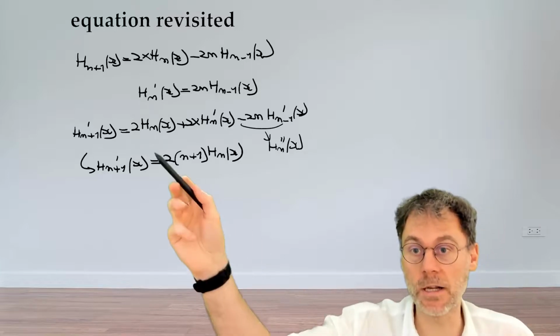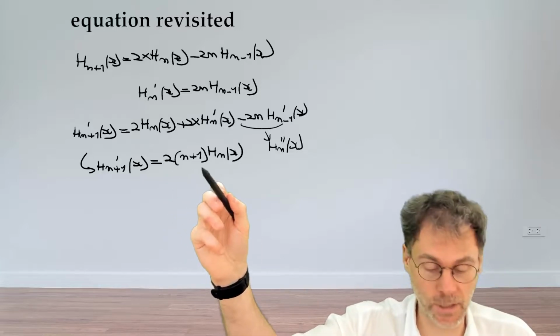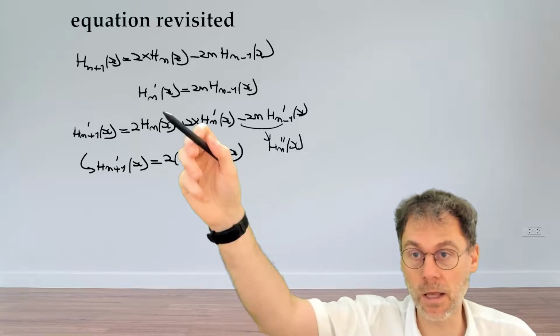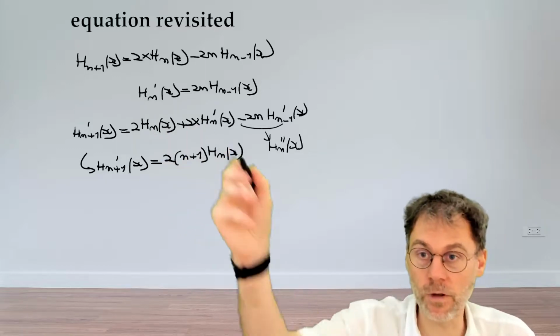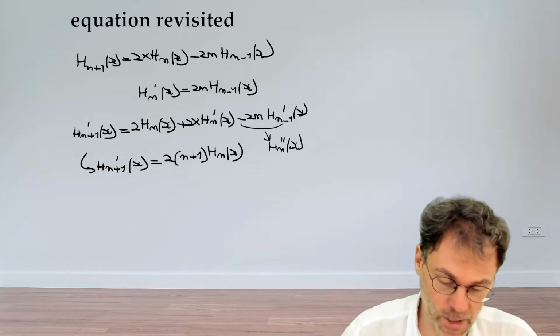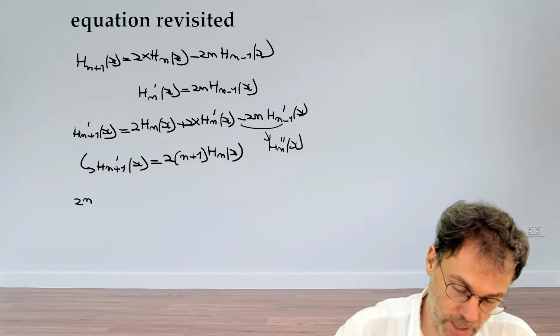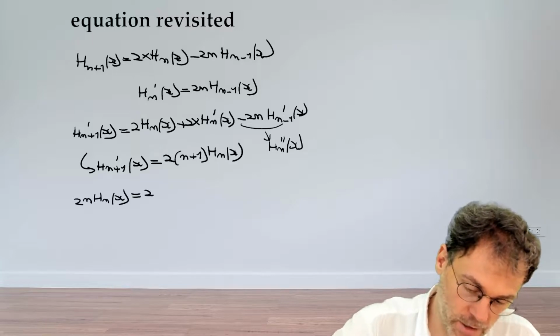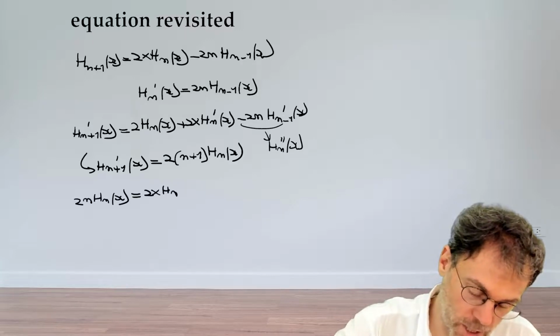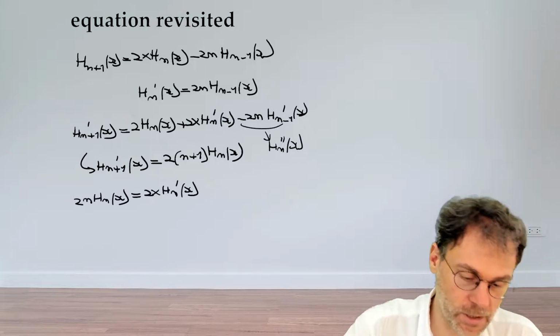Okay, let's clean up some stuff. So first, the left-hand side, we have 2 times n plus 1 H_n. But then over here, we have also 2 times H_n. So if we bring this guy to the left-hand side, that becomes 2n H_n(x). And then we have 2x H_n'(x).